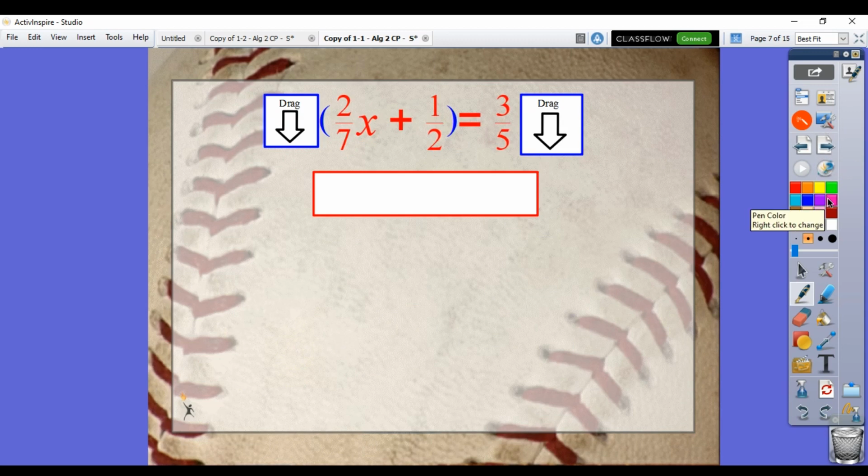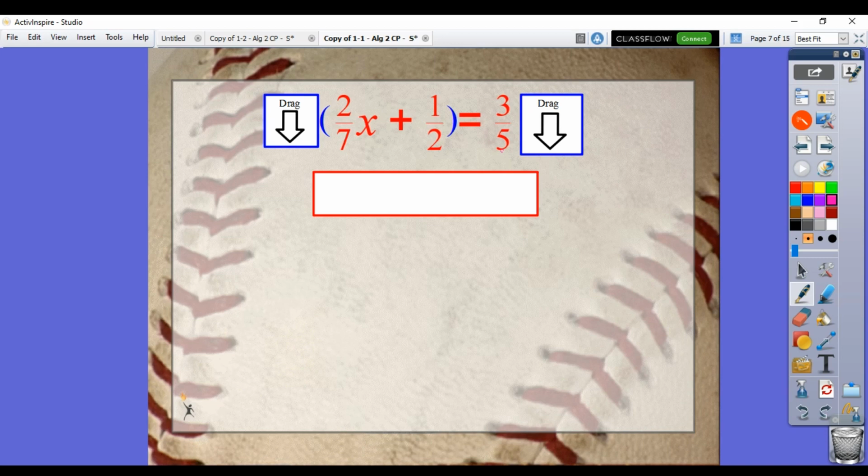Now let's do it one more time here. If you notice here, I have 7, 2, and 5 as my denominators. The smallest number here will be what? I have 7, 14, 21, 28, and so on. I have 2, 4, 6, 8, 10. Still not. I have 5, 10, 15.